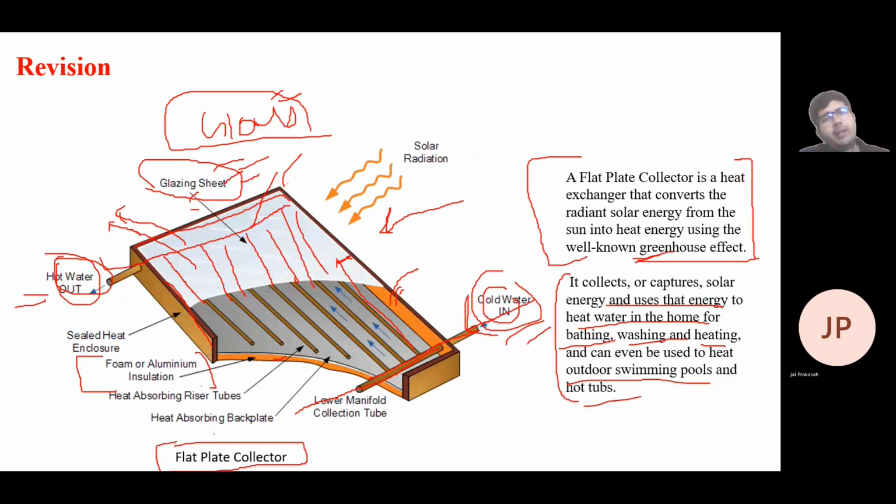In this flat plate collector, we have seen there are some tubes and some glass plates. I have already mentioned that a flat plate collector is a heat exchanger that converts the radiant solar energy from the sun into heat energy using the well-known greenhouse effect.